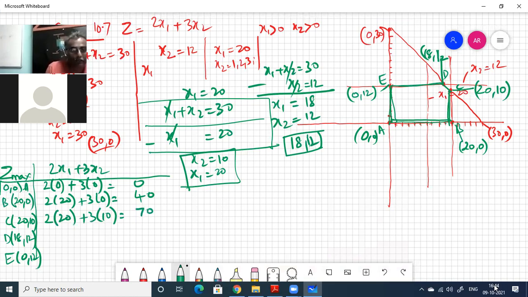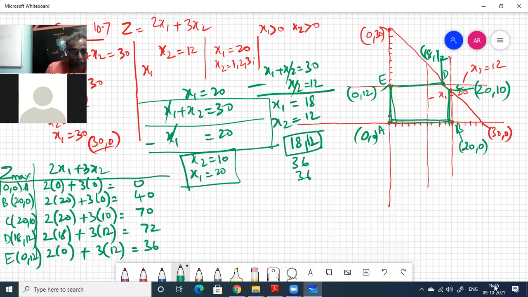Then 2 into 18 plus 3 into 12. 2 into 18 is 36, 3 into 12 is also 36, that is equal to 72. Then the fifth one, 2 into 0 plus 3 into 12. This point is 0 comma 12, so that is equal to 36.